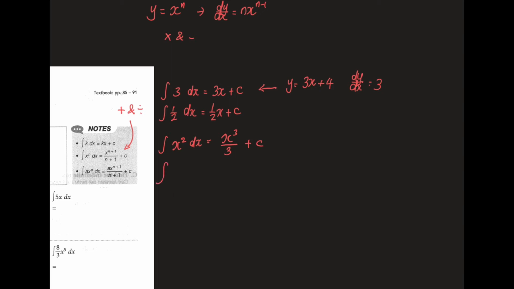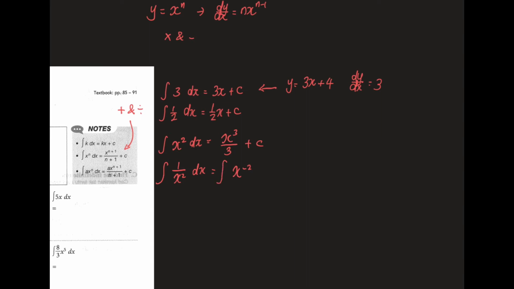So integrate, let's say you have 1 over x squared. Then you have to bring up the x squared. You bring up the x squared, it becomes x to the power of minus 2.